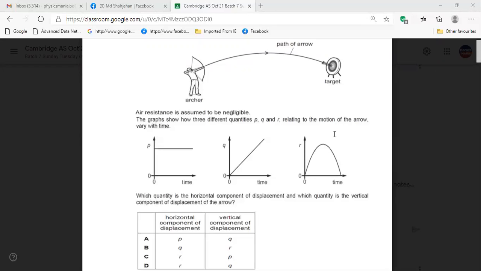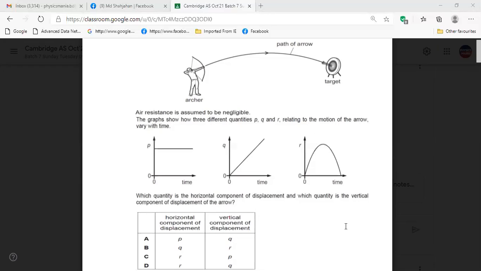Hello, understood it? Vertical component of displacement. Asan, Navid, have you understood? Yes, sir. Asan, you understood.